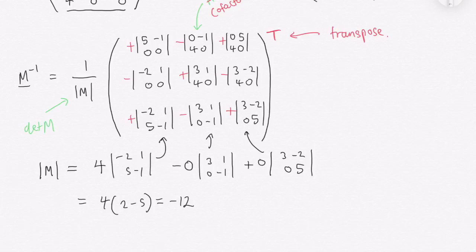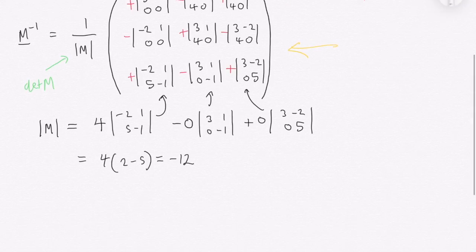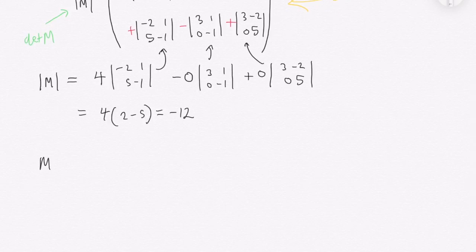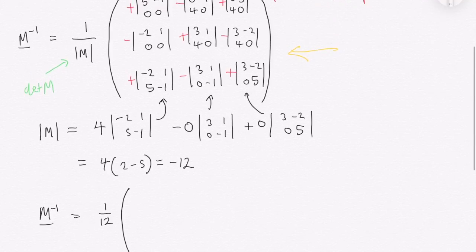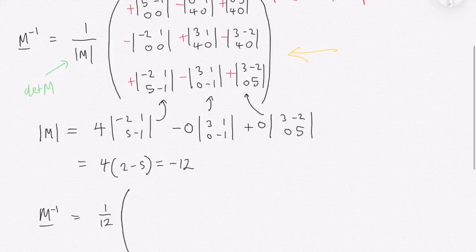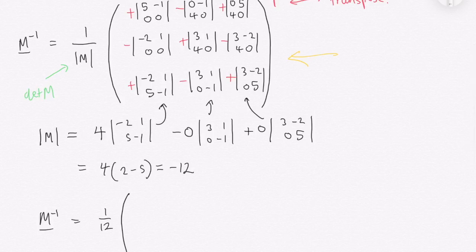Okay, if we then calculate all of our 2 by 2 determinants in here, what we are going to get is that M inverse is equal to 1/12 of, well, if we start calculating these, the first one we get 5 times 0, subtract -1 times 0, so that is just 0.